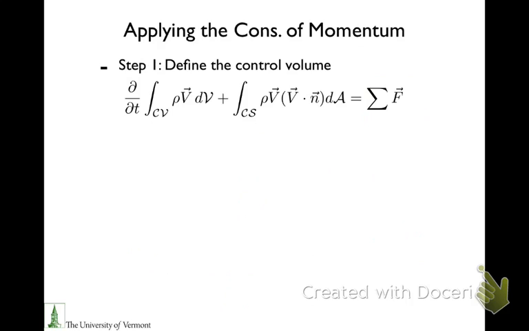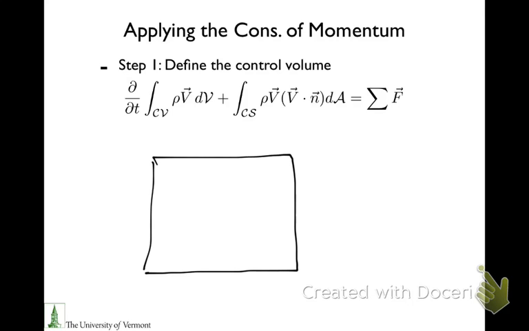So let's quickly go through the steps required to apply the conservation of momentum. And the first step is the definition of the control volume, CV, bounded by the surface CS.